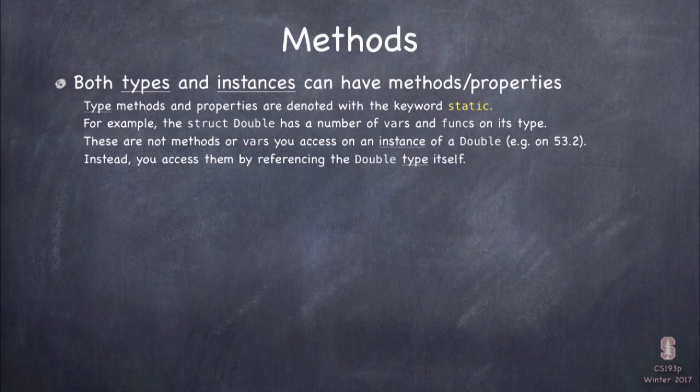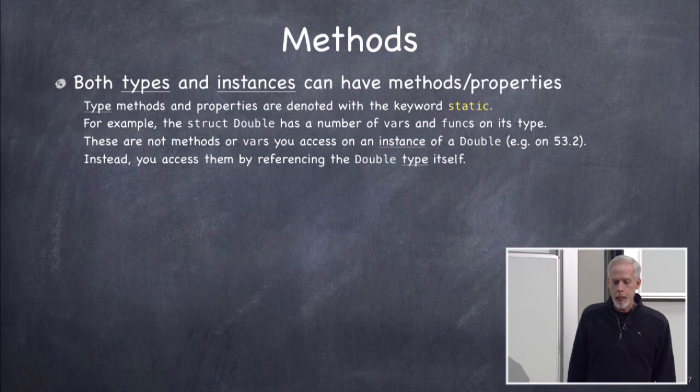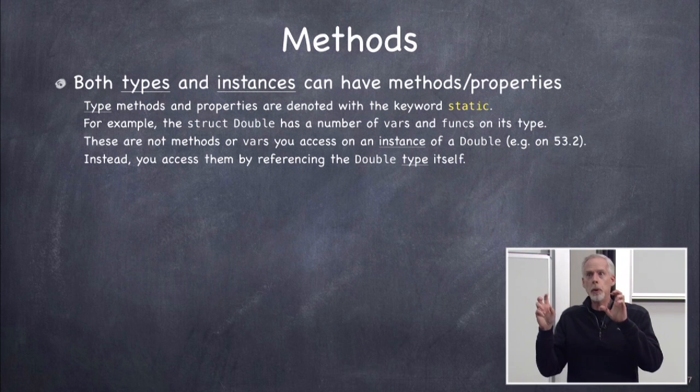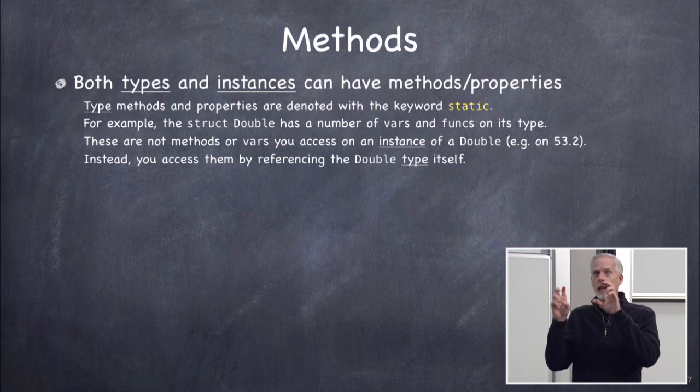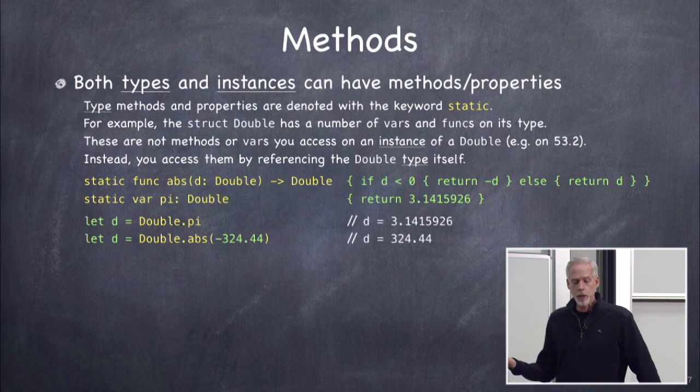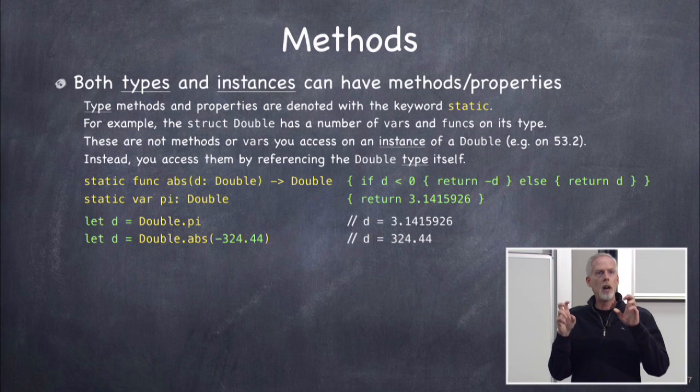So let's think about Double, for example. Double actually has quite a few static or type methods and vars. You access them by sending the message to Double, to the actual word, capital D-O-U-B-L-E. You don't send it to an instance, you send it to that word. And you've already seen at least one of these, which was pi. Remember we said Double.pi and we got the value of pi? So pi is a computed var on the struct Double.